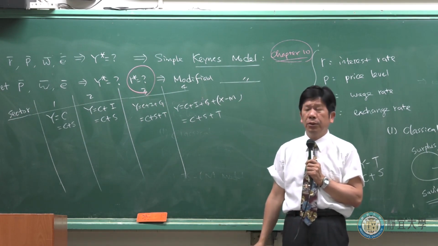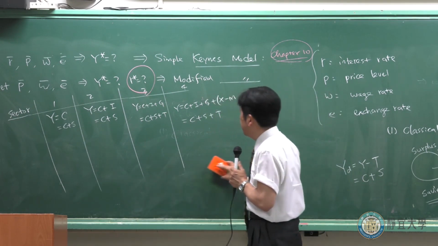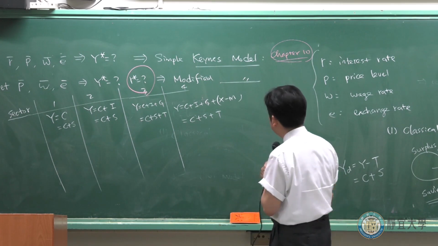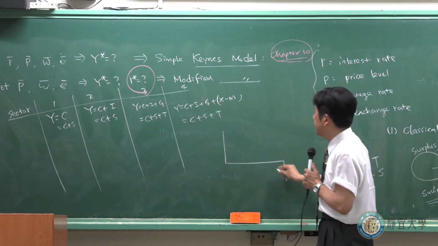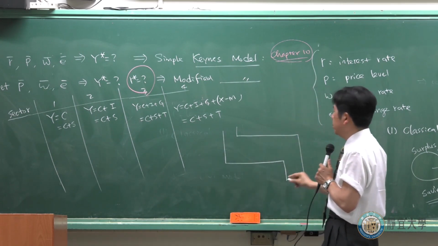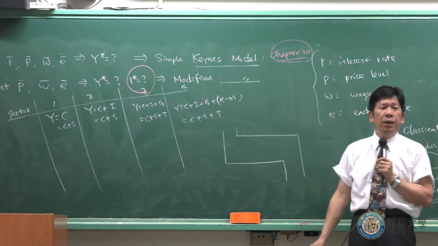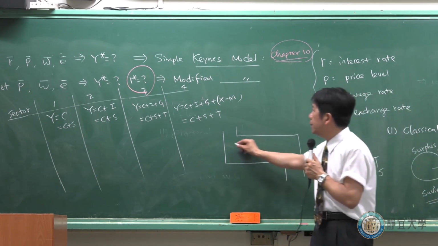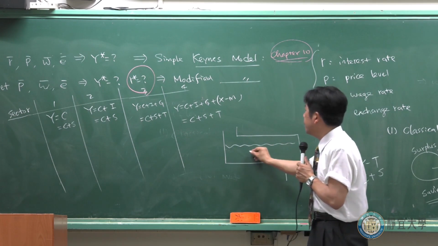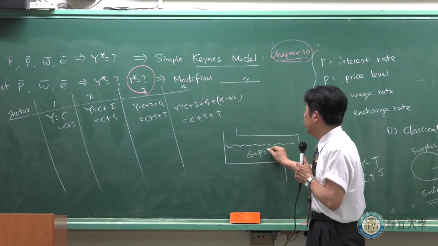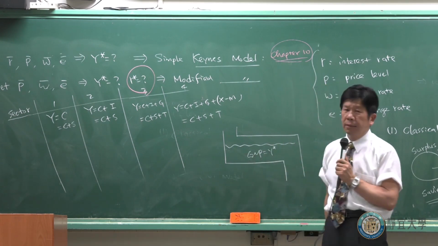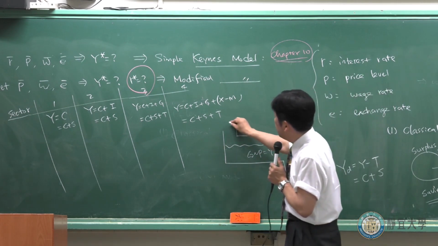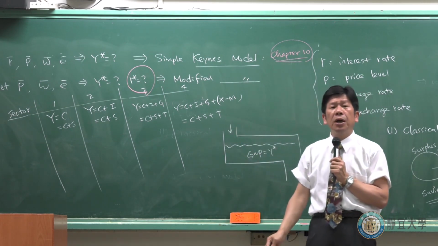Here you can see, do you remember we talked about this before? This is like the flow. In this flow, we can find this represents GNP, or our output. And here we call it injection.